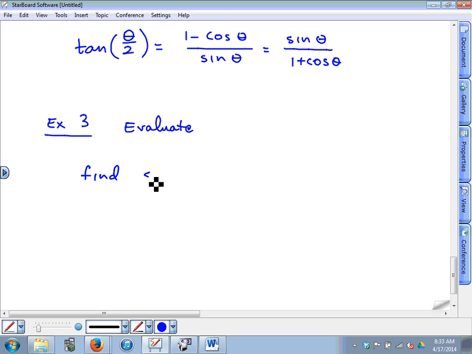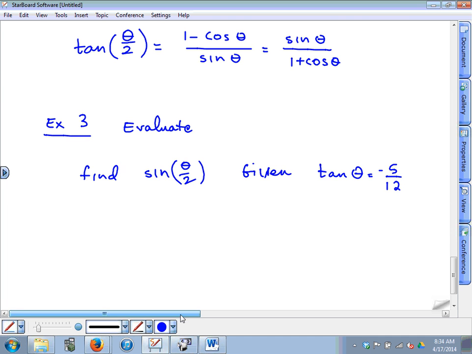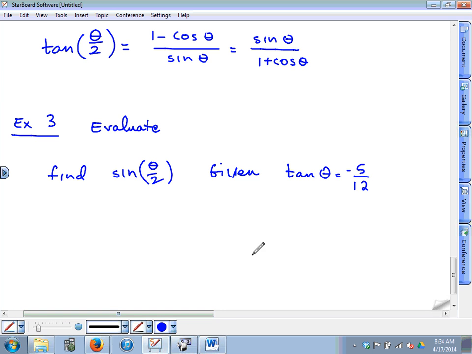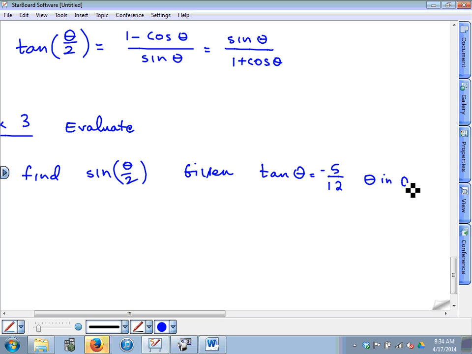Find the sine of theta over 2 given that the tangent of theta is negative 5/12 and theta is in quadrant 4.